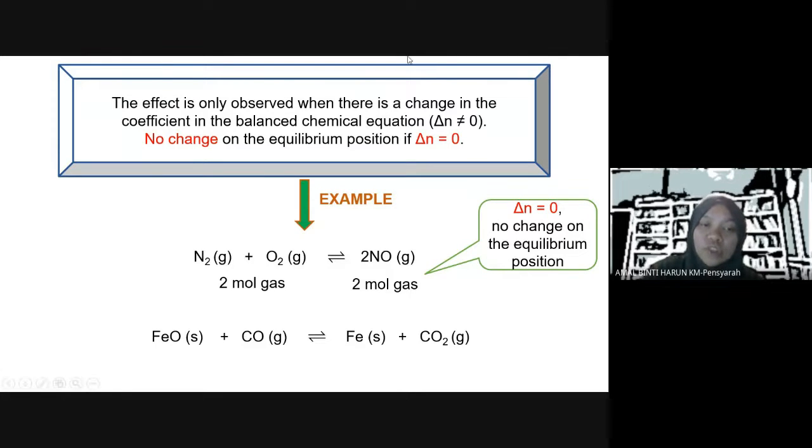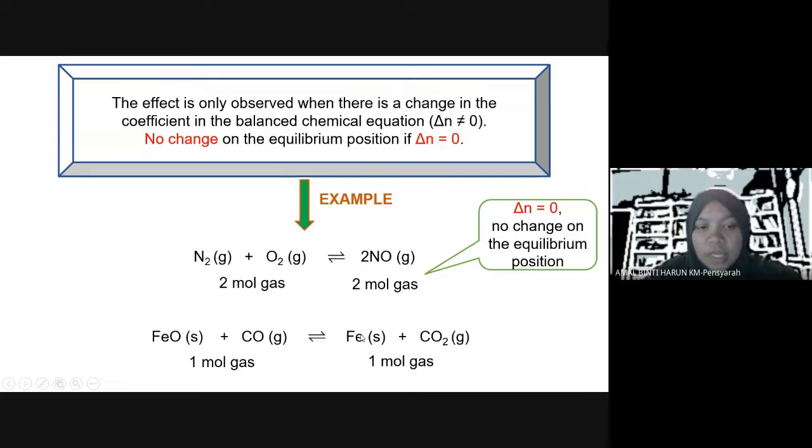Okay, ni contoh kalau dia ada sama number of mole. The effect is only observed when there is a change in the coefficient in the balanced chemical equation. Delta n sama dengan kosong, so no change of the equilibrium position. Kalau macam ni, solid, gas, lepas tu sebelah kanan dia solid, gas.